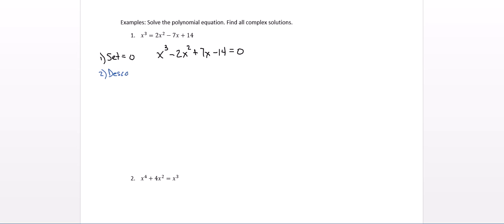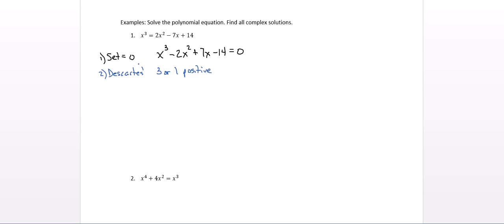Second step, I'm going to look at Descartes. Now the changes in sign, we'll have a positive to a negative, so that's 1, 2, 3. And we'll have 3 or 1 positive real zeros.